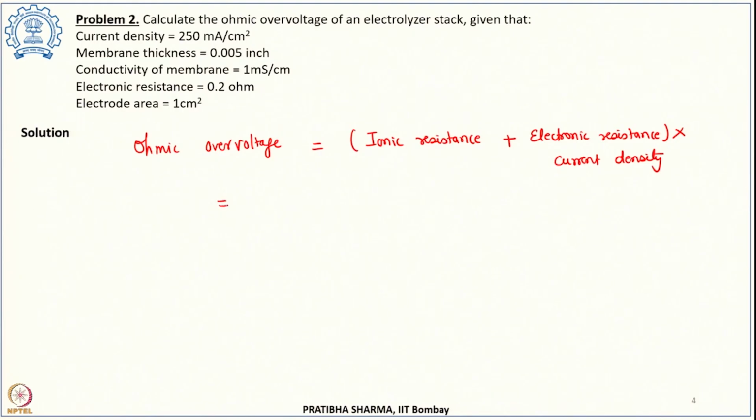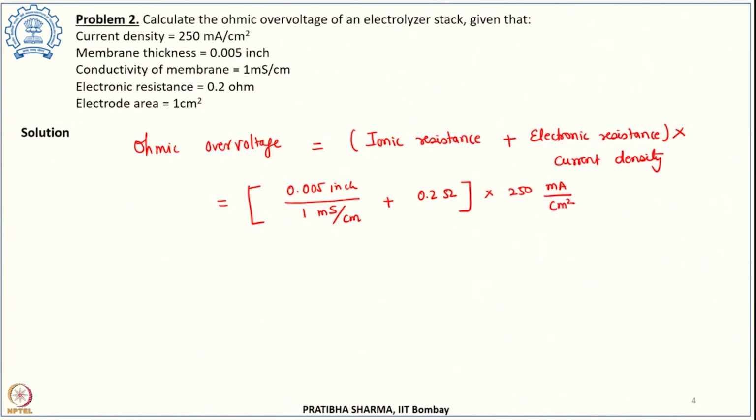So if we write the values of ionic resistance, then it is given as 0.005 inch is the thickness divided by the conductivity, which is 1 millisiemens per centimeter, plus the electronic resistance, which is given as 0.2 ohm, and times the current density. Current density is given as 250 milliamps per centimeter square.